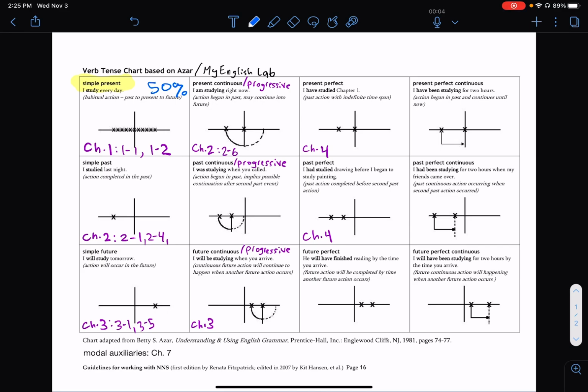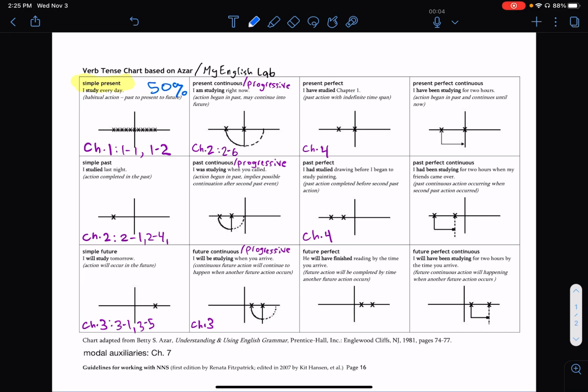So the simple present expresses everyday habitual actions, such as every day I brush my teeth, right? Habits. I drink coffee every day. I drive to work Monday through Friday, whatever. So the simple present helps us to express habitual actions.